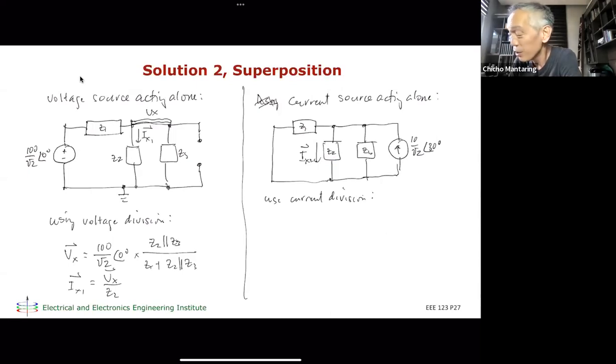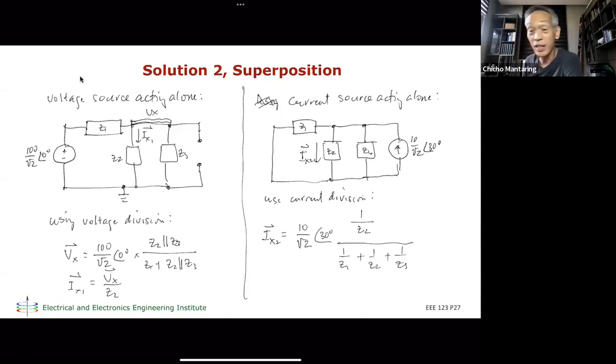So your current divider formula would be Ix2 equals 10 over the square root of 2 at an angle 30 degrees, multiplied by 1 over Z2, that's the admittance, all over the total admittance, 1 over Z1 plus 1 over Z2 plus 1 over Z3. That's your current divider formula.